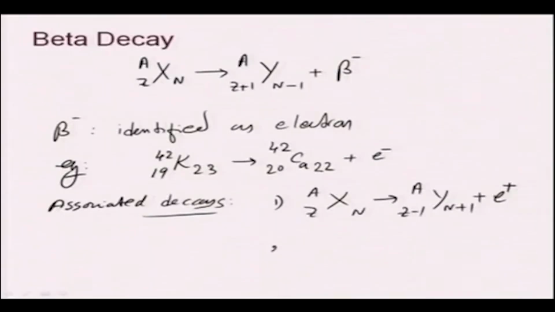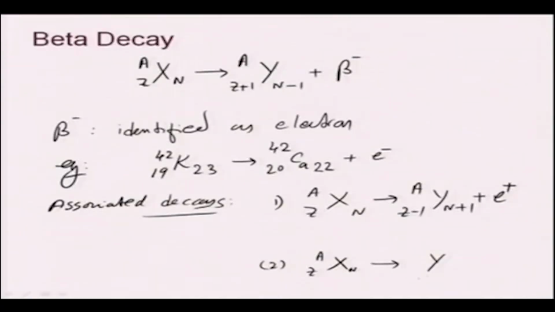It is identified as the antiparticle of electron, which is called the positron. Another thing that can happen is, again, X with Z number of protons and n number of neutrons can actually capture one of the electrons in the atom. Although we are talking about the transformation of the nucleus, this is all within the atoms.